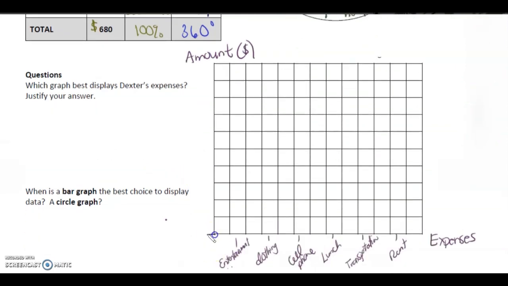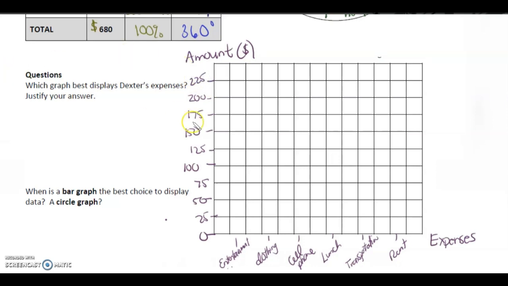So we will start at 0, 1, 2, 3, 4. You know, we could probably do by $25 increments. Okay, so 125, 150, 175, 200, 225.